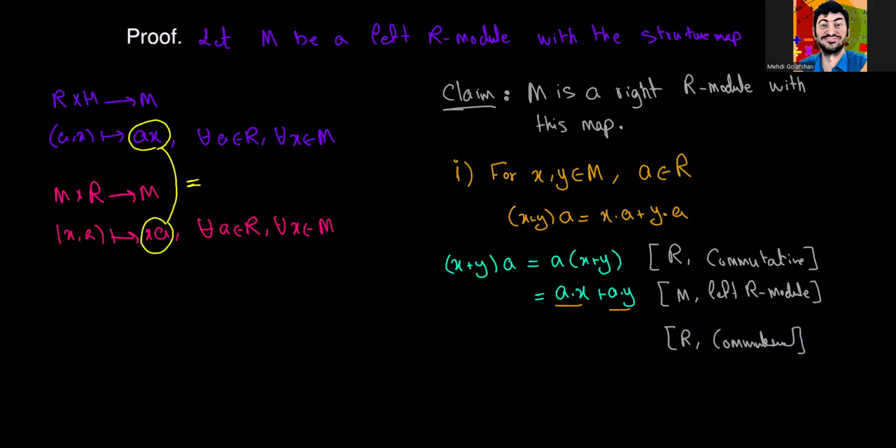So instead of ax, you can write xa, and instead of ay, you can write ya. So this is exactly as we want. From here we obtain this, so the first condition is satisfied.